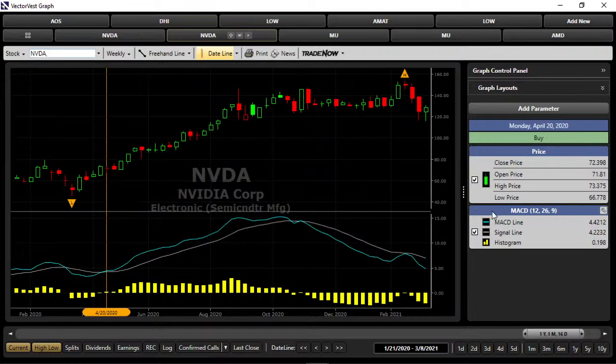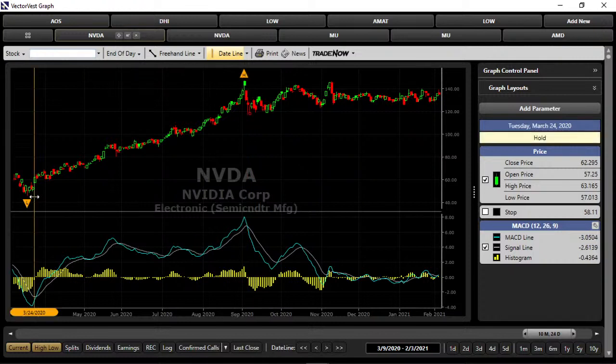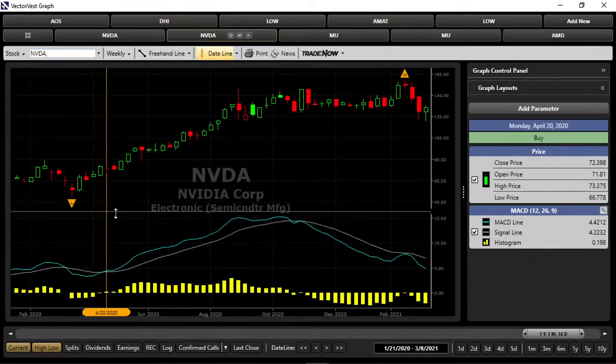So my date line here is April 20th of 2020, and that's when the weekly MACD turned positive. Notice, that's about a month after the daily chart turned positive, right? March 25th was when our daily MACD turned bullish. April 20th was when the weekly MACD turned bullish, a whole month.